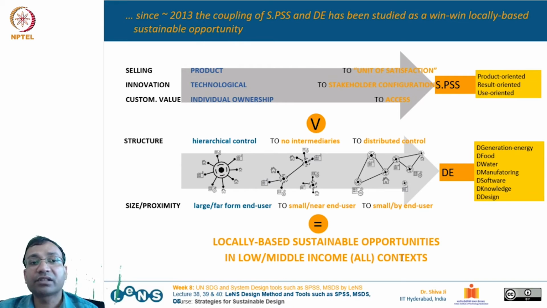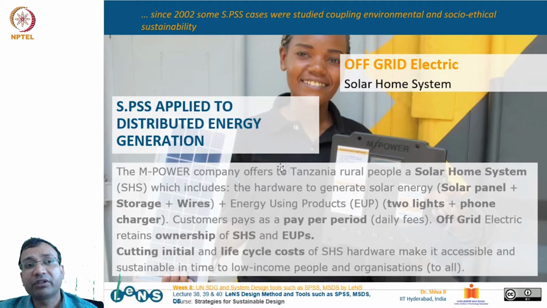So locally based sustainable opportunities in low and middle income, or all kinds of contexts, can be utilized. One more example I would like to show you here is an off-grid electric system.